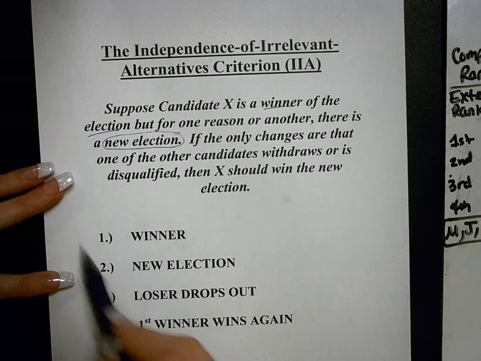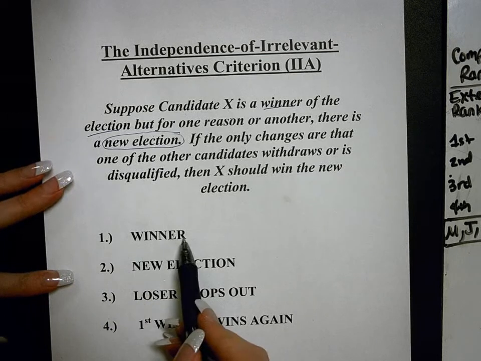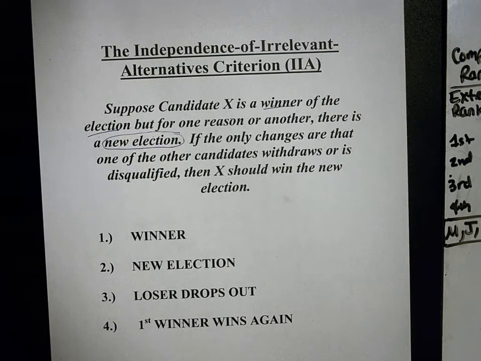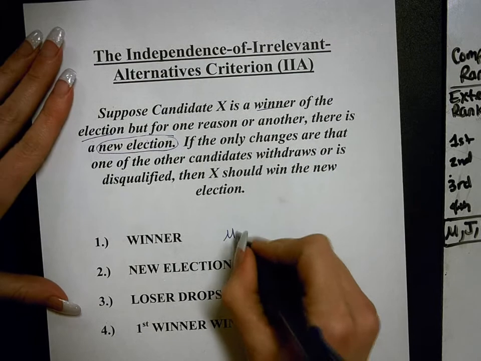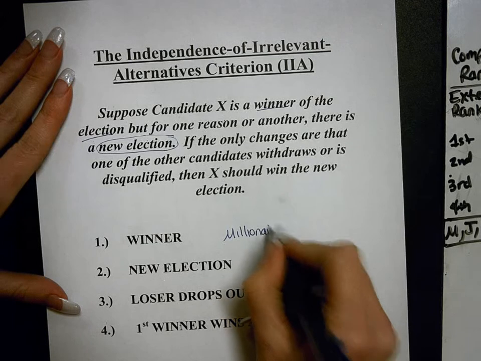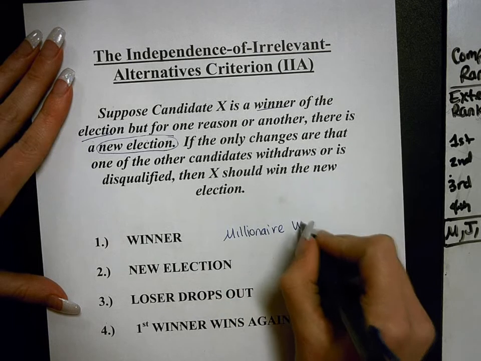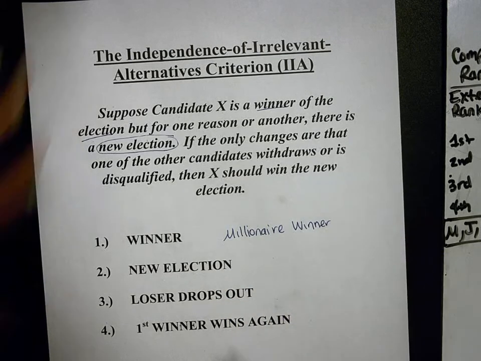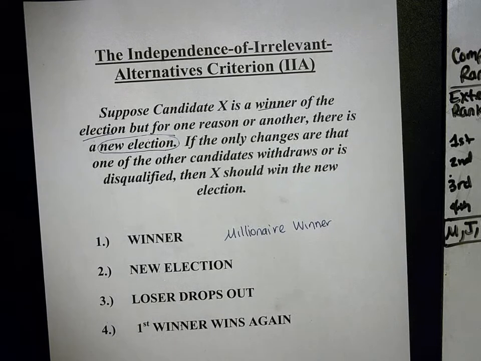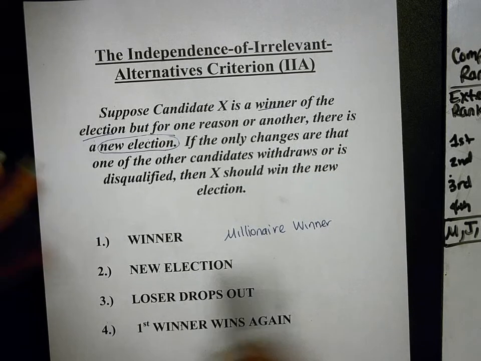You have a winner. So our first winner of the election, the first time we did it, before Price is Right got canceled, was Millionaire. And then we had a new election. Price is Right got canceled, and so that constituted a new election.